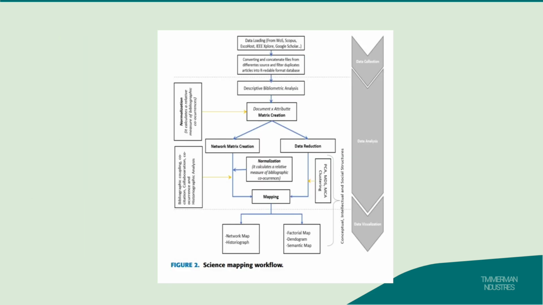So here is a diagram showing the science mapping workflow. Here we have data loading at first, and converting and concatenating files from different sources and filtering duplicate articles into an R readable format database.